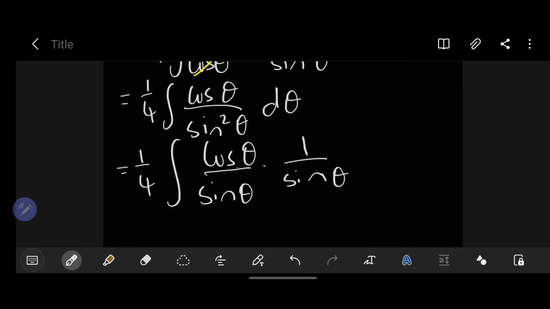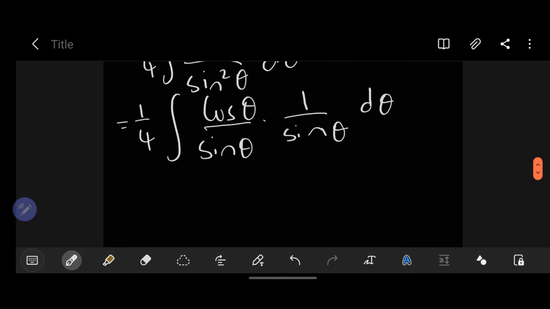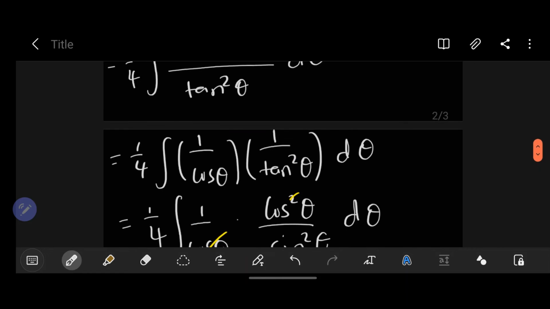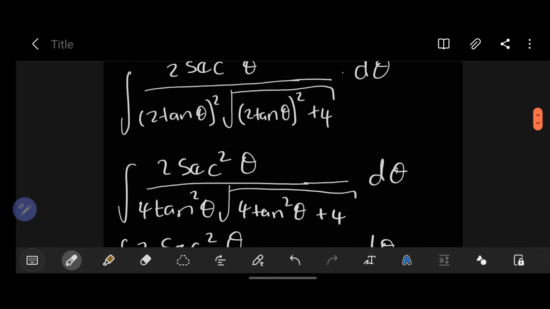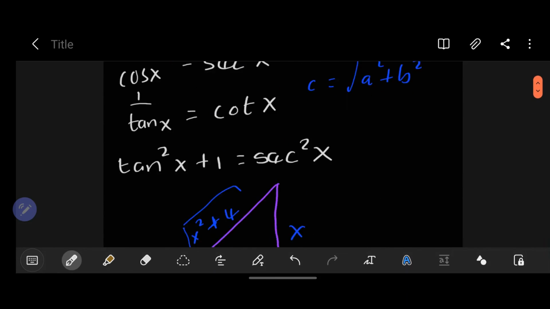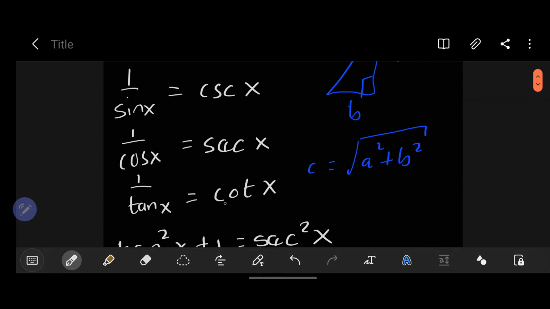So I'm gonna have cos theta over sine theta times 1 over sine theta d theta. You see, cos theta over sine theta is basically 1 over tan theta, and remember that 1 over tan x gives me cot x.